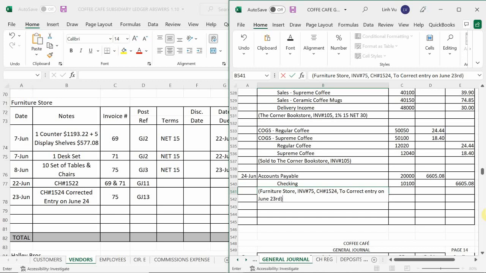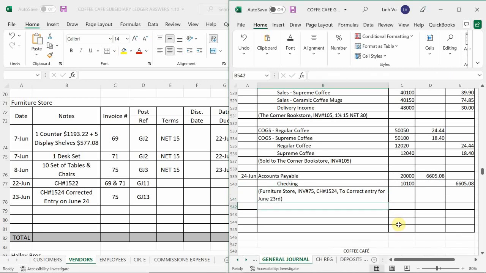It's to enter it in correctly in order. But in this case, we're doing it as of the 24th. We're recognizing that this transaction was supposed to be meant on the 24th. To correct entry on, or for, I guess you could do correct entry for June 23rd.